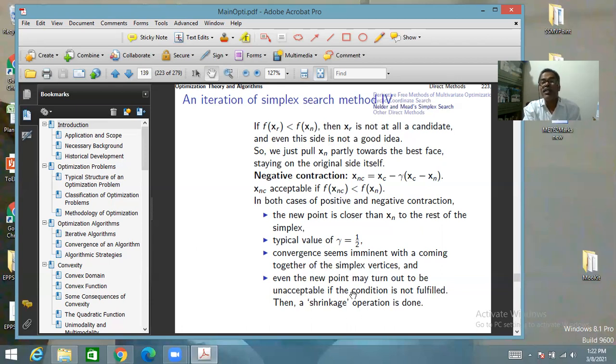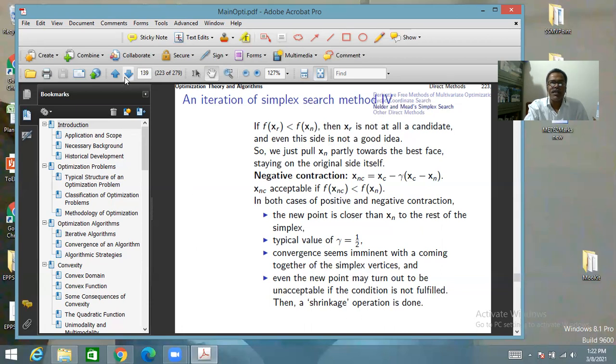And even the new point that you get, XPC or XNC, by these two formulae may be unacceptable if the condition is not fulfilled. This condition and this condition are the corresponding conditions comparing with XR. In these two cases, if the positive contraction or negative contraction does not succeed, then you apply a shrinkage operation, okay?